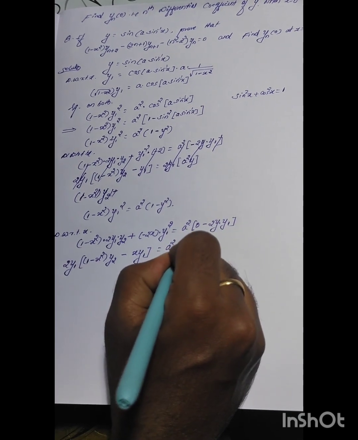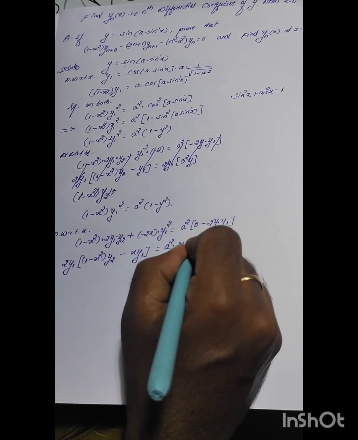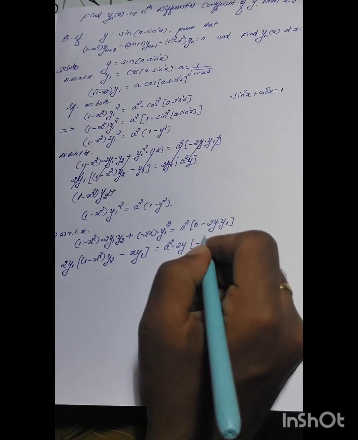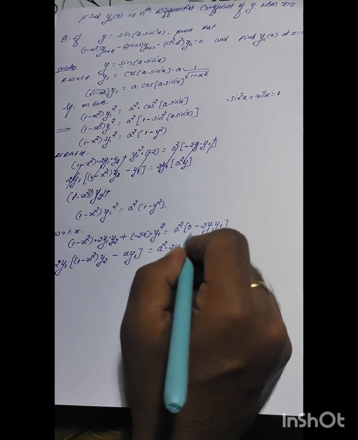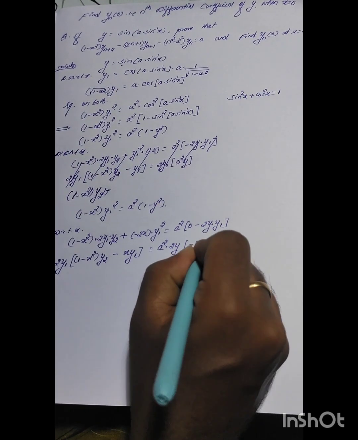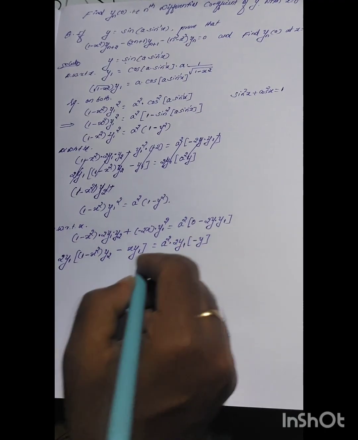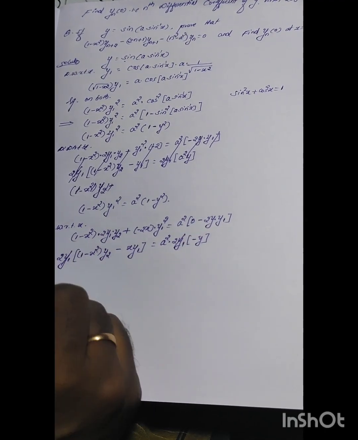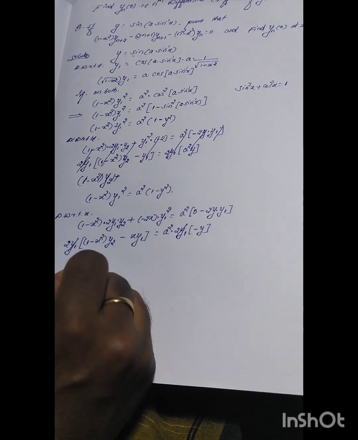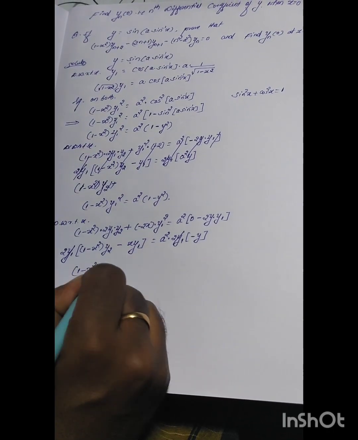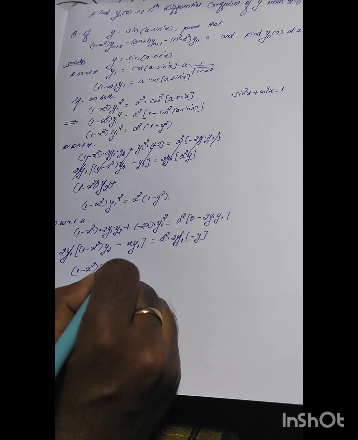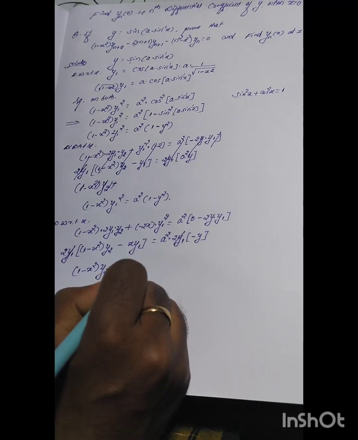Let me take common here also. What remains inside is only minus y, because 2y1 I have taken common outside. So this 2y1 and this 2y1 can be cancelled, leaving (1 minus x square) into y2 minus xy1.